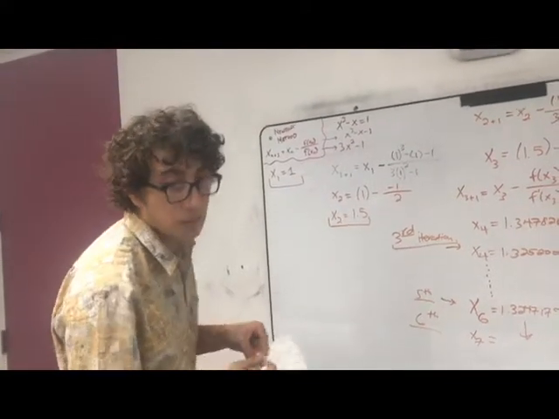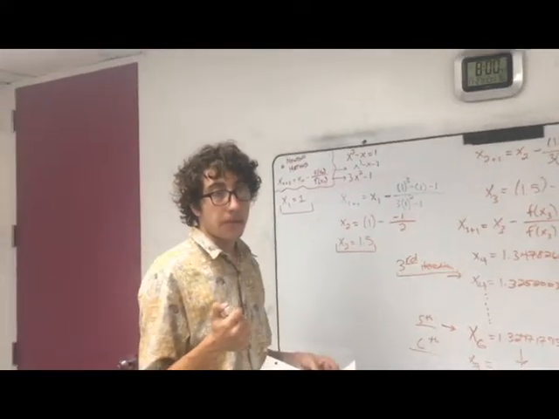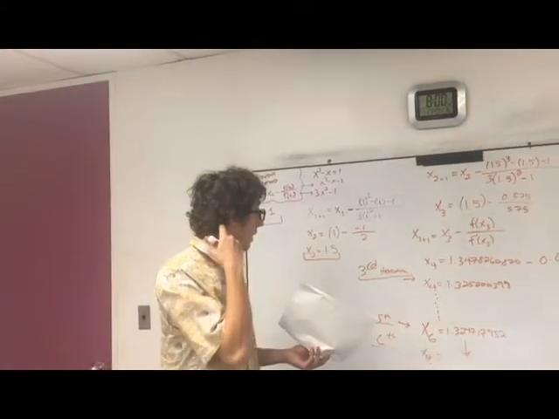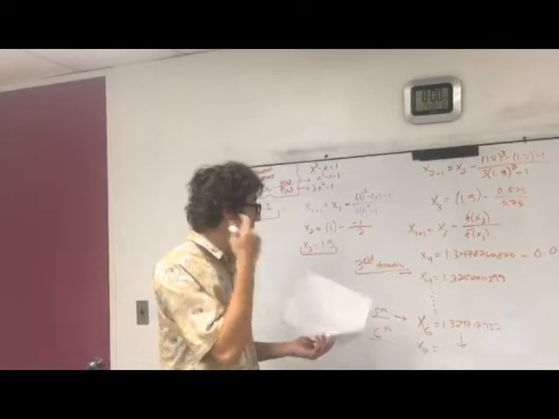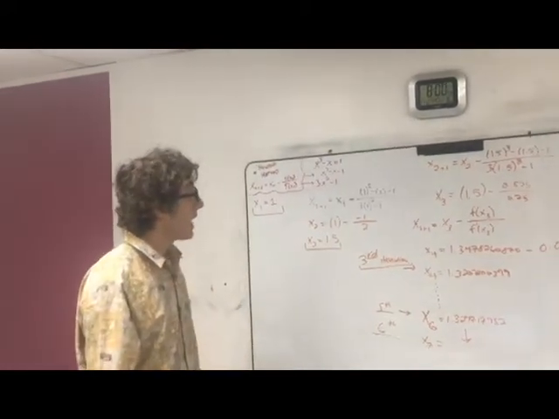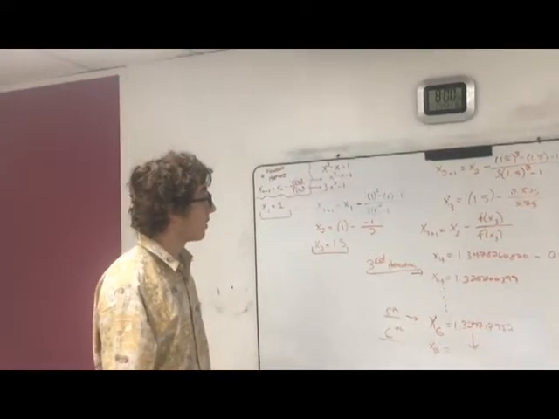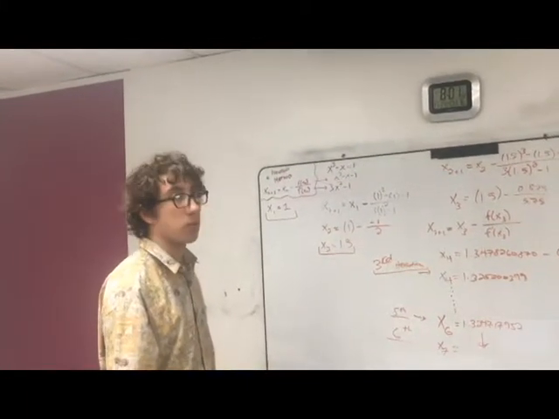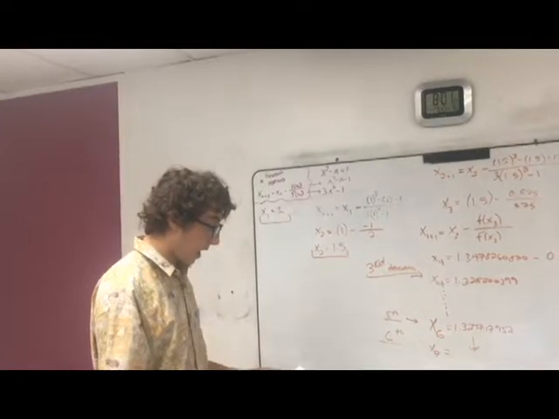So at the end of the day, we found that it took 6 iterations, and it didn't take a whole lot of time, but I took a while writing it on the board.